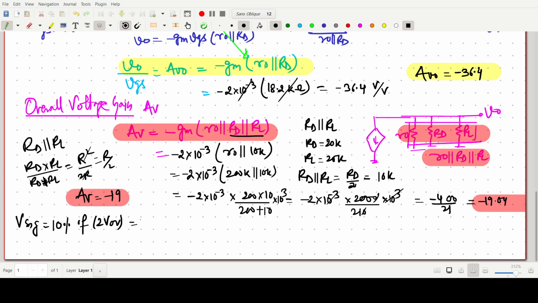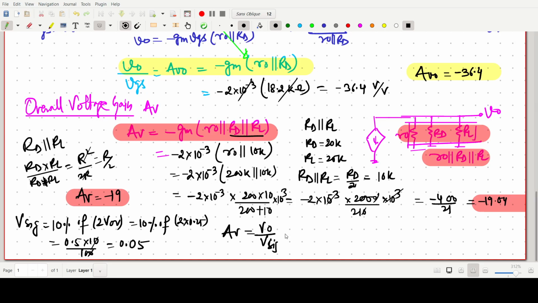It means VOV is 0.25. So 2 into 0.25 is 0.5, and 10%, so 10 by 100, gives 0.05. So V signal strength will be this. Now AV equals V naught by V signal.